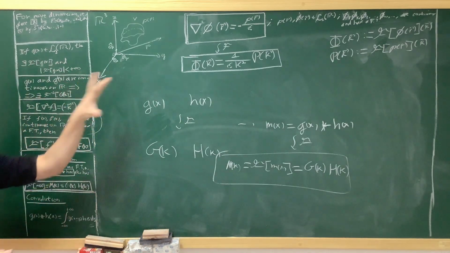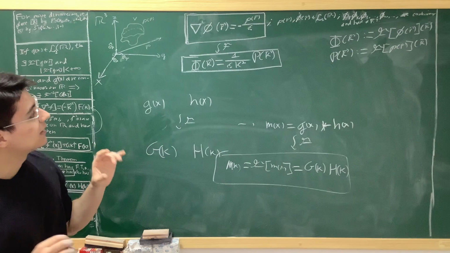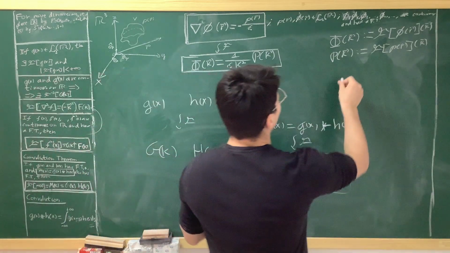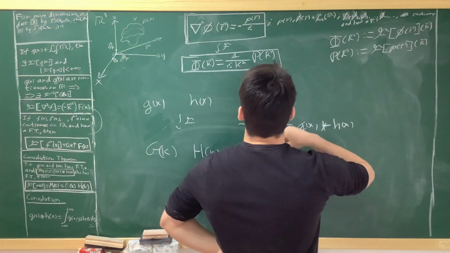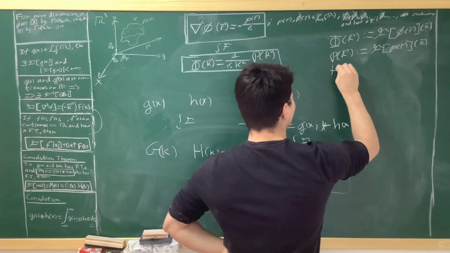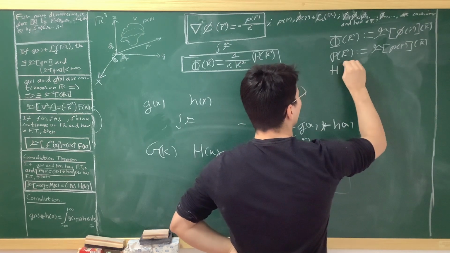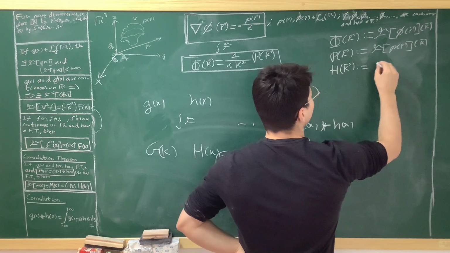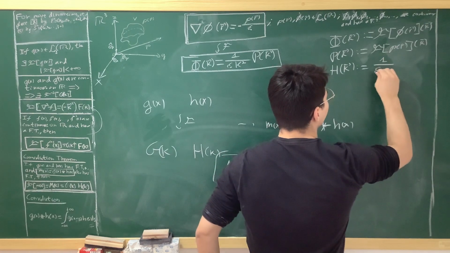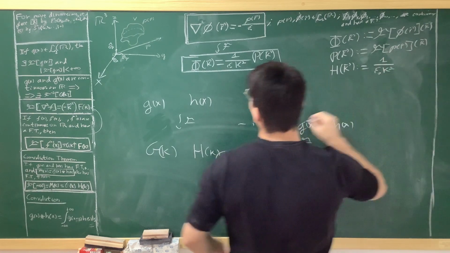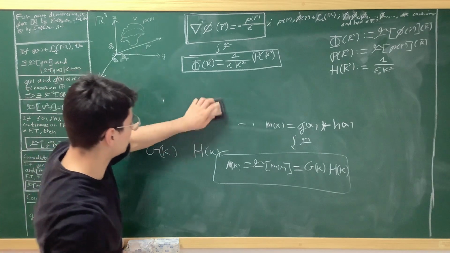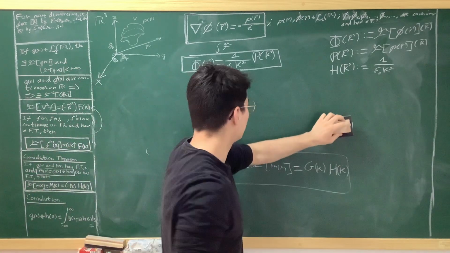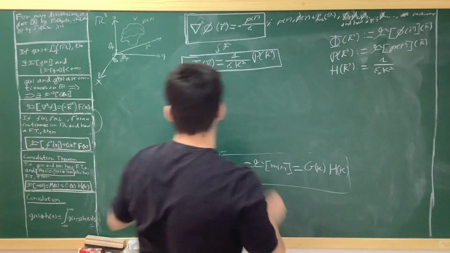So how does this really help us? Well, just notice that if we call this function right here h of k, let me just rewrite this real quick.